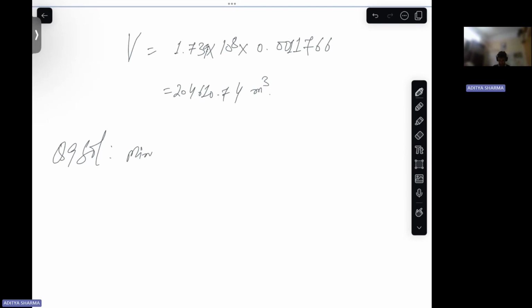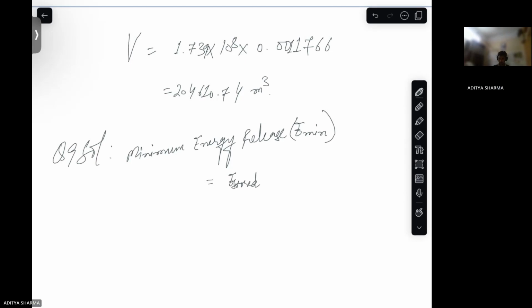So minimum energy release, E minimum is equal to E stored minus E ambient.